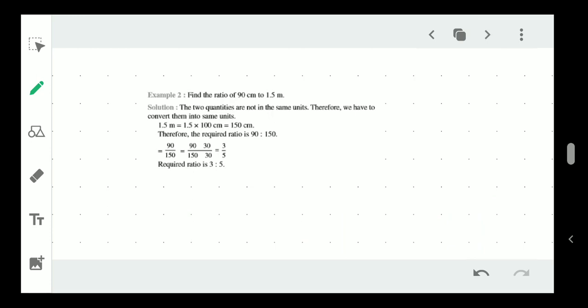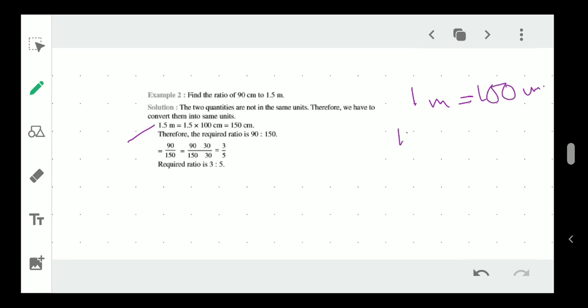Now moving to this question, you can see here, find the ratio of 90 centimeter to 1.5 meter. Now you can see one thing, 90 is in centimeter, and 1.5 is in meter. So what they have done here is converted 1.5 meter into centimeter. So you know that 1 meter is 100 centimeter, right?